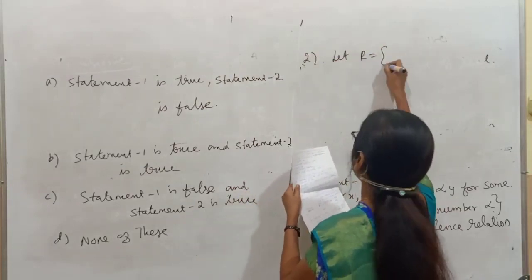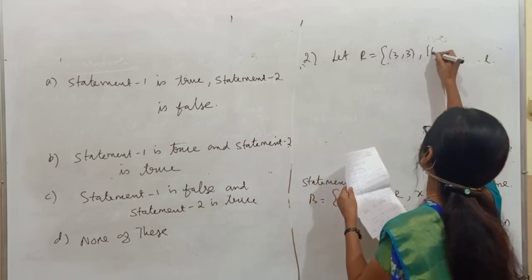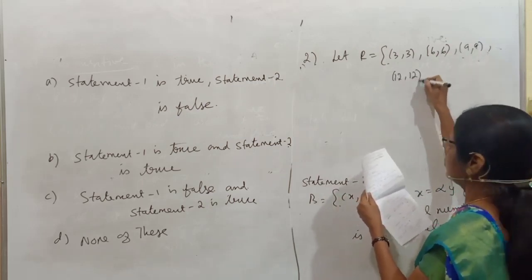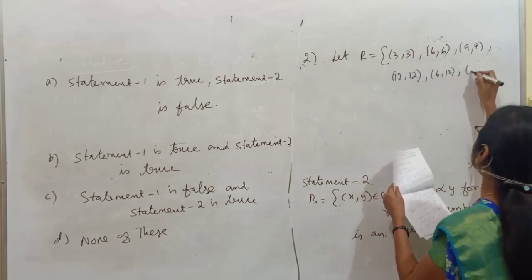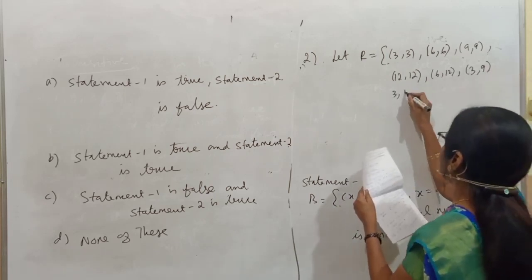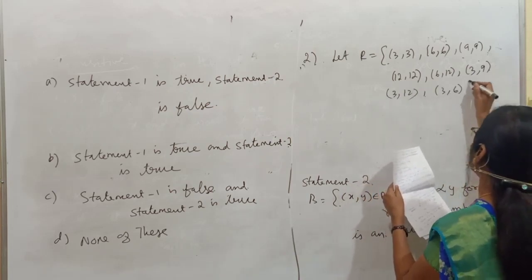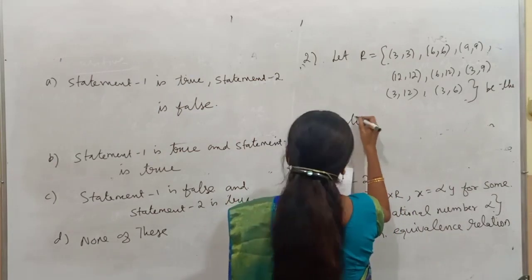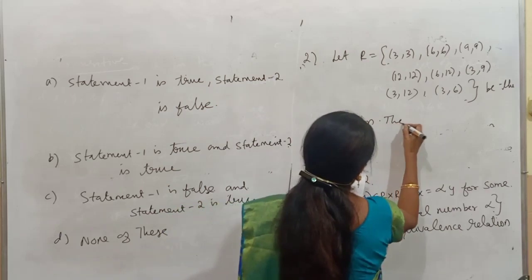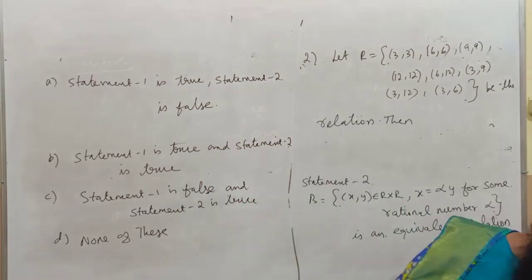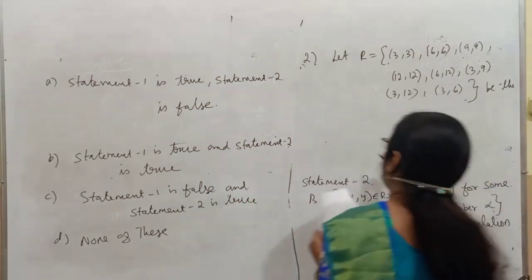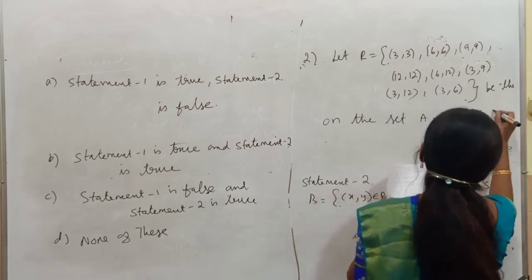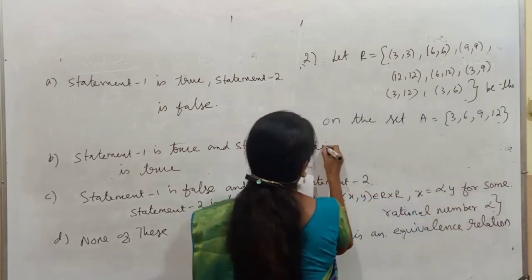Let R equal to {(3, 3), (6, 6), (9, 9), (6, 12), (3, 9), (3, 12), (3, 6)} be the relation on the set A equal to {3, 6, 9, 12}.